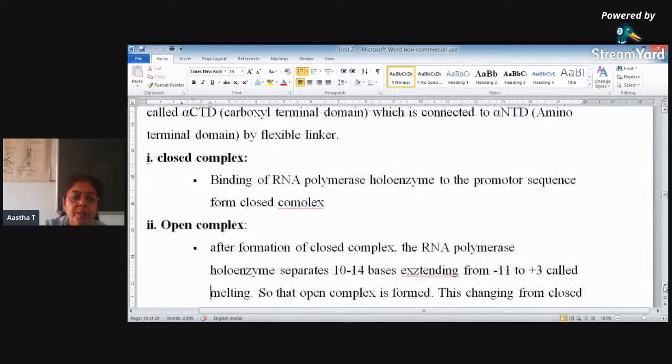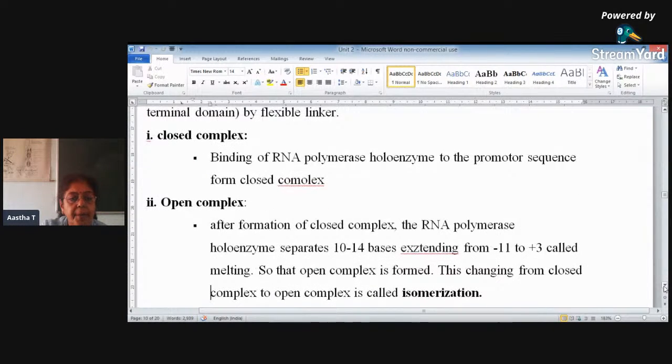So it forms the closed complex, and once the closed complex is formed, तुमची पुढची प्रोसेस करायला मोकळे.